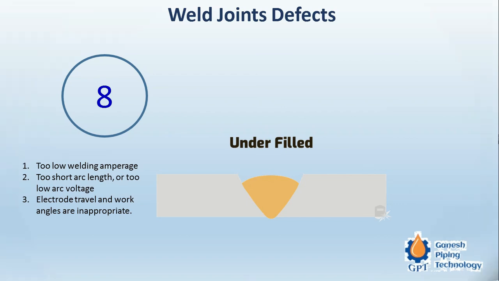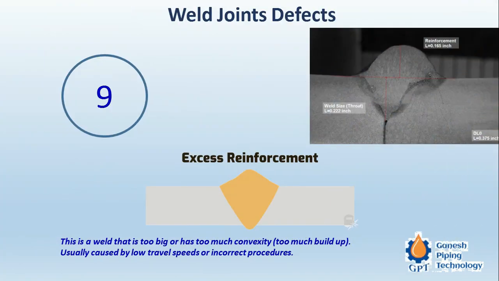Moving forward, this is the excess reinforcement. This is a weld that is too big or has too much convexity, too much build up, which we can see here like a mountain. Here also, this is the actual photograph, usually caused by low travel speed or incorrect procedure. Here we can see the weld which is getting deposited unnecessarily.